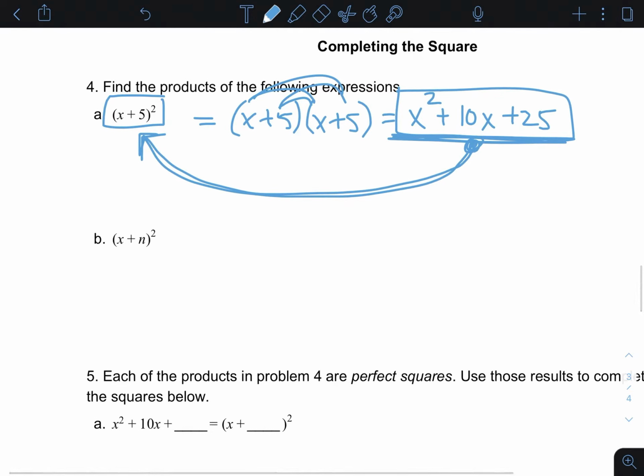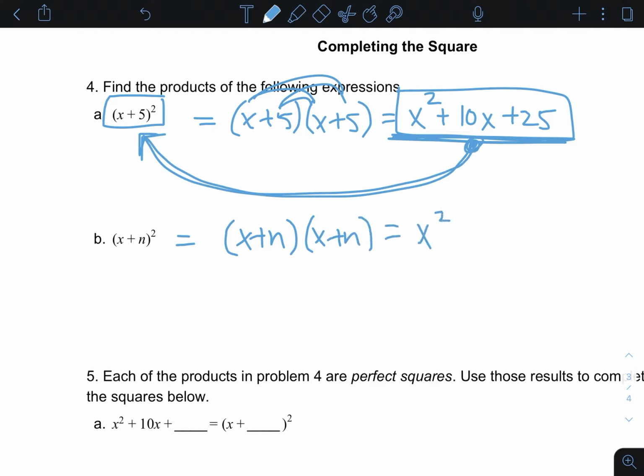And in another example, where we generalize it with a number n, if we were to FOIL this out, we would get x squared plus 2nx plus n squared.